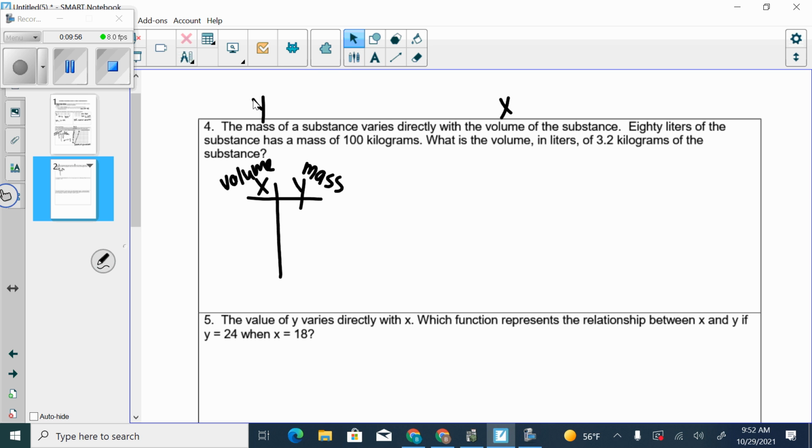Okay, so if this is a direct variation, we automatically know we have that point 0, 0. It also said for 80 liters of the substance, you have a mass of 100 kilograms.